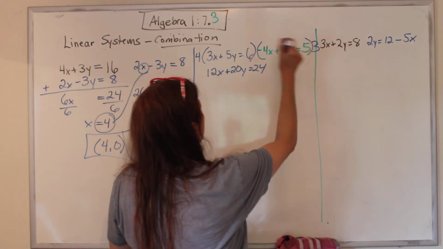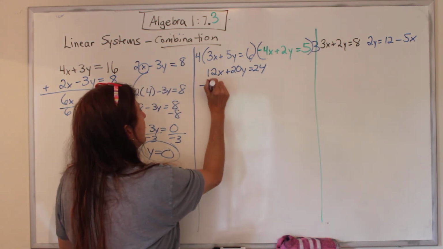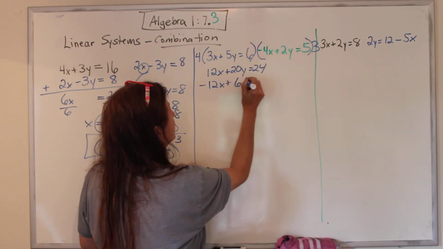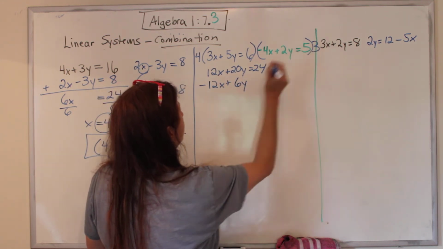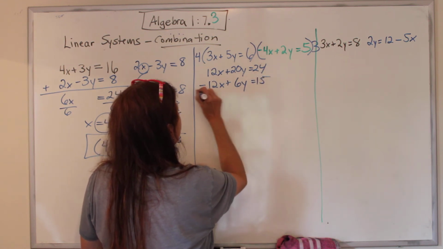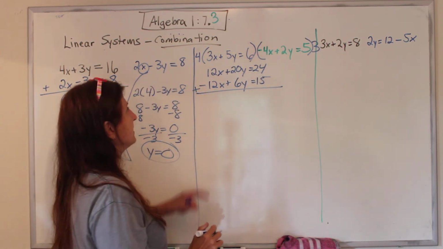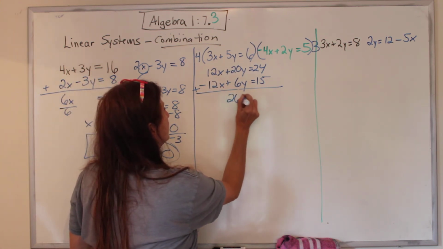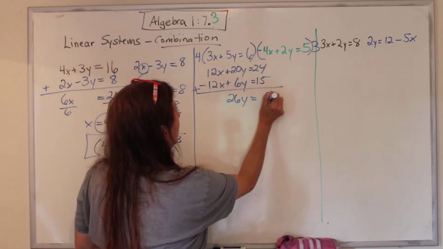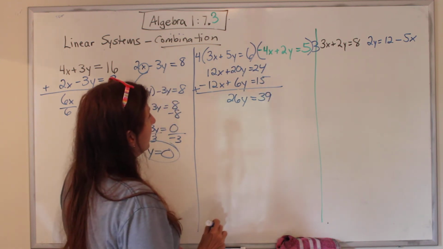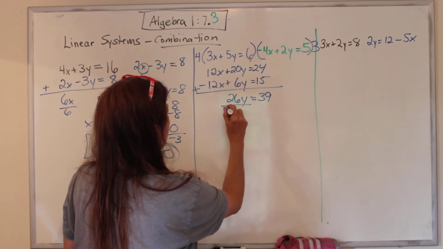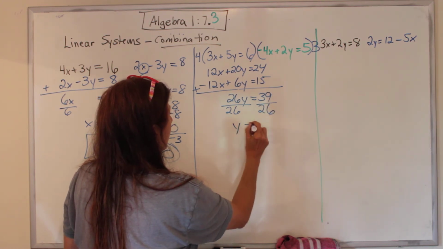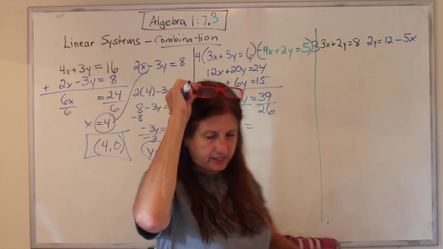So 3 times negative 4x is negative 12x. 3 times 2 is 6y, and 3 times 5 is 15. So now I add these together. Those go away, these add up, 26y equals 39. And now I would divide both sides by 26. And y equals 39 over 26.